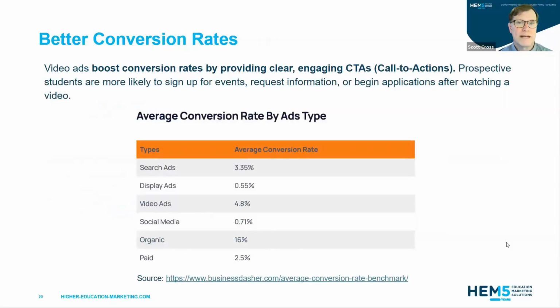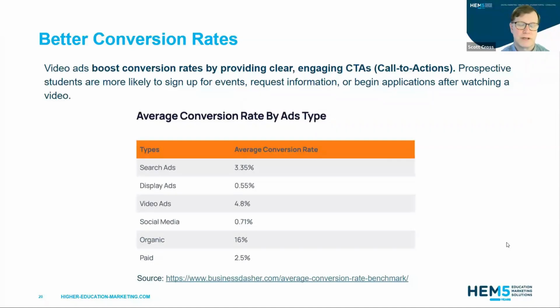So one of the big benefits and reasons why here you're going to see is across all of these ads, search ads, display ads, video ads, social media ads, paid ads, other online ads, video ads turn in the best average conversion rate of the lot. Only organic traffic beats it.